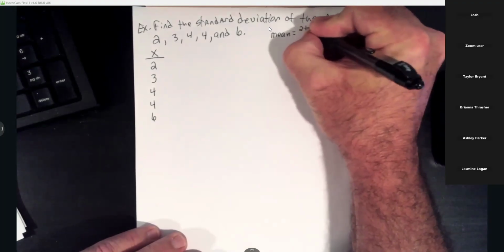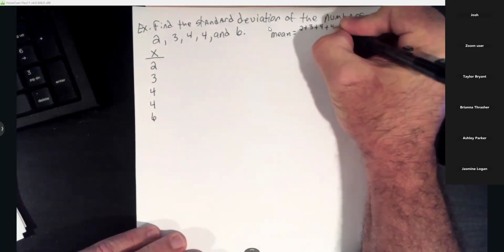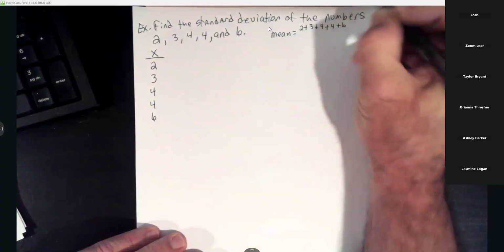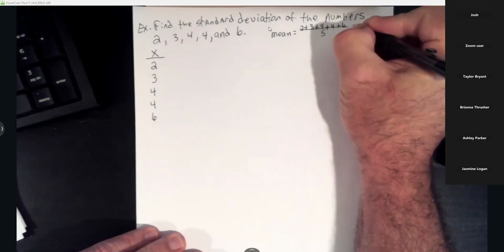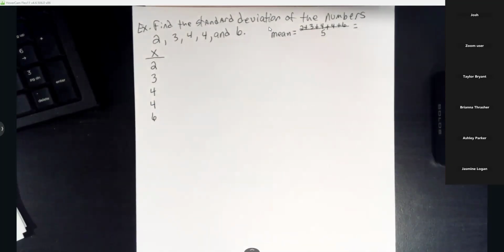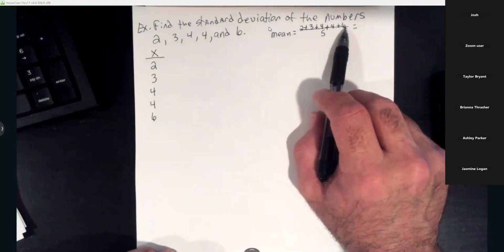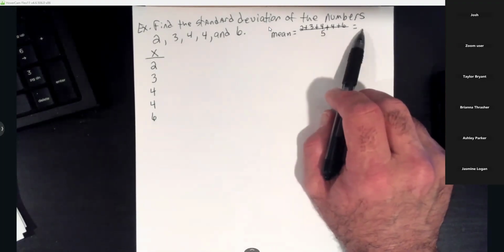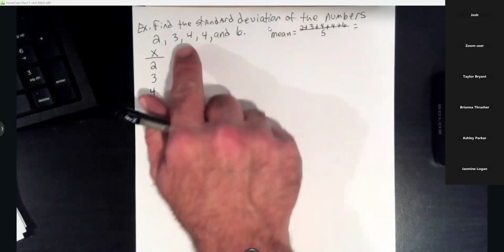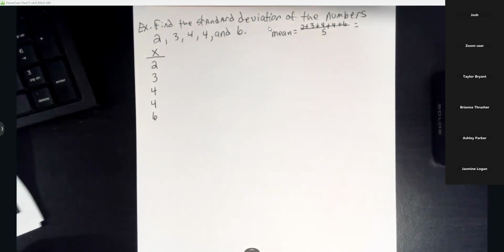So we got 2 plus 3 plus 4 plus 4 plus 6. And y'all, we're going to take that and divide by 5. All righty, y'all. Add these 5 numbers together and then divide that by 5 and see what we get for our mean, which would be the average of these 5 numbers. So any of y'all got a calculator?